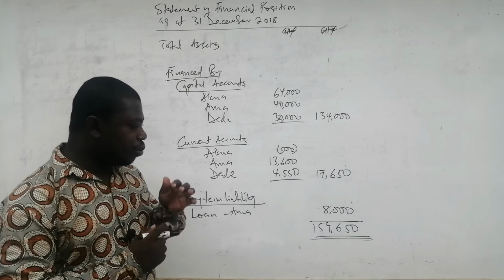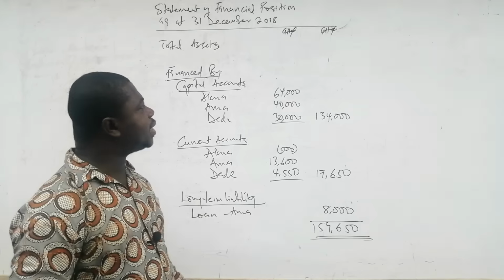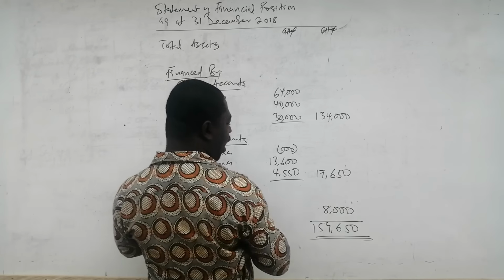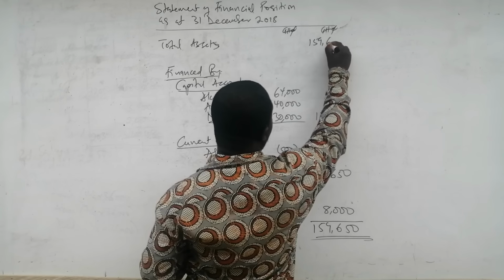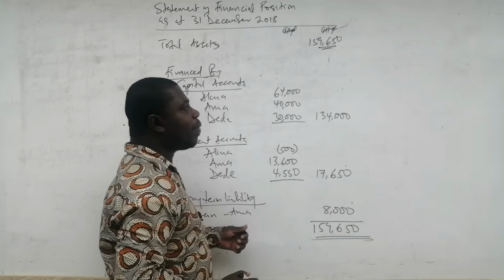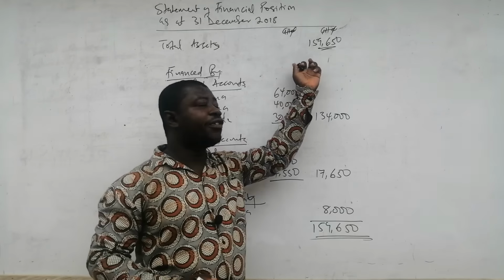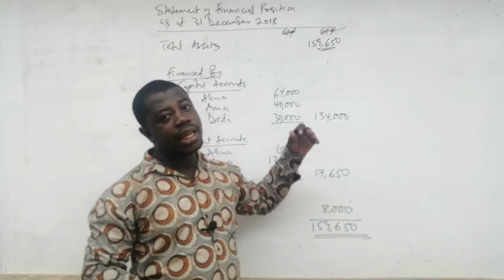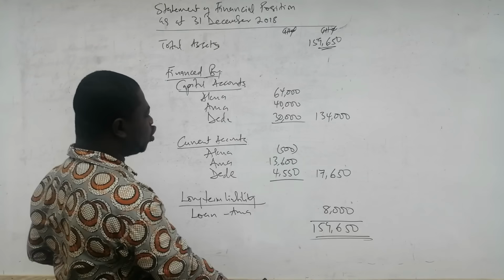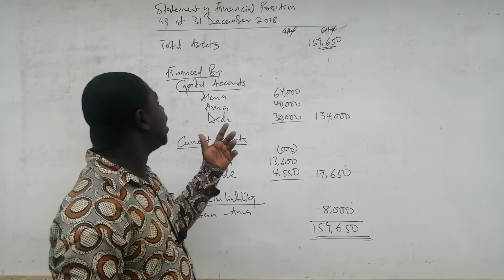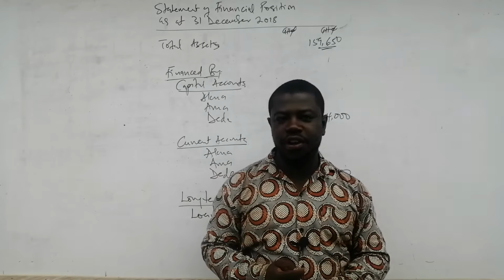So this is going to be total equity and liabilities, and that means that our total asset is also supposed to be 159,650. Now I didn't pick this figure anywhere. I'm just repeating what is here because it's more like an extract. The most important thing is that you are showing how this will appear in the statement of financial position.